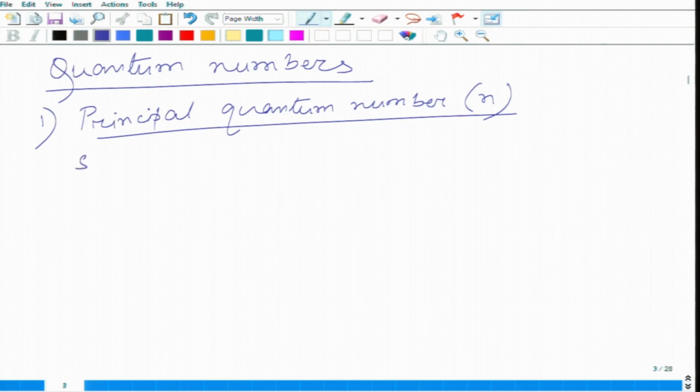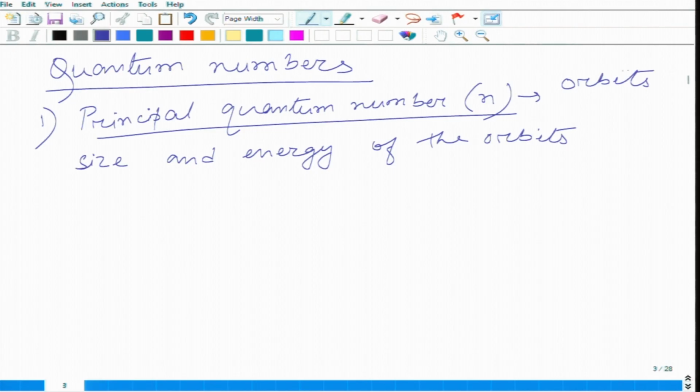N specifies the size and energy of the orbits, and n denotes orbits or shells.